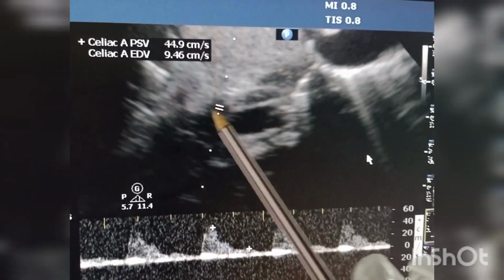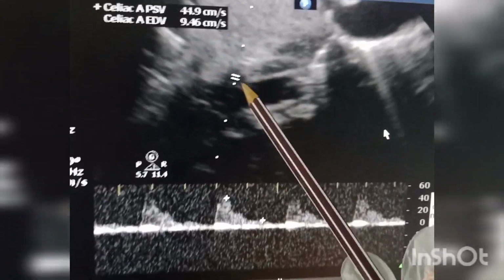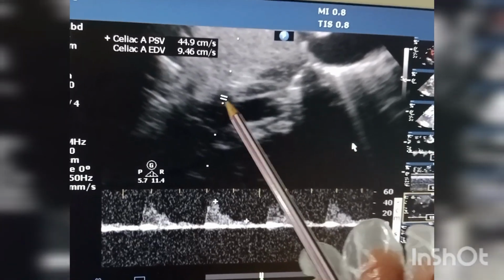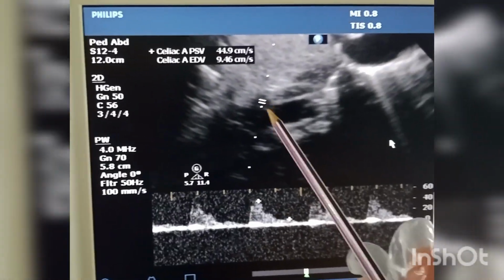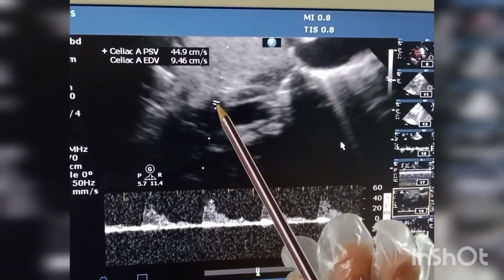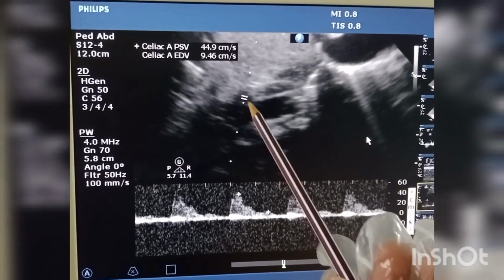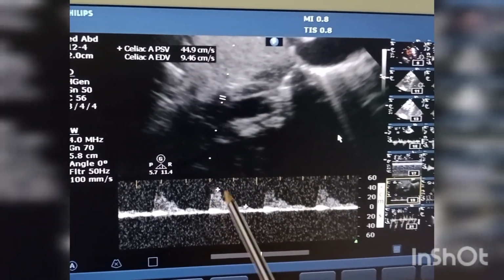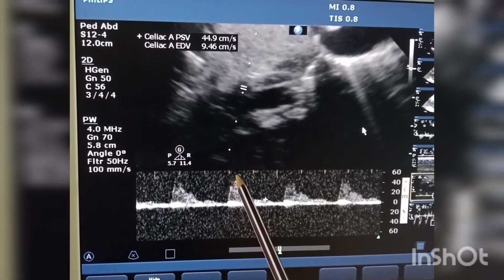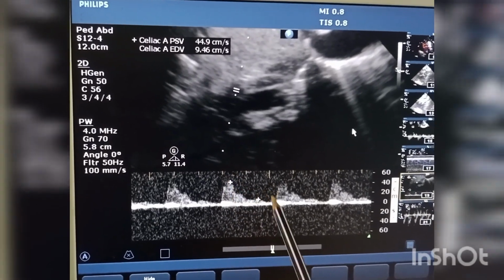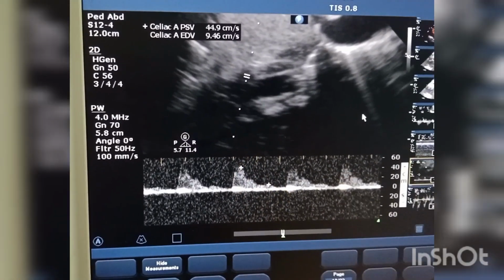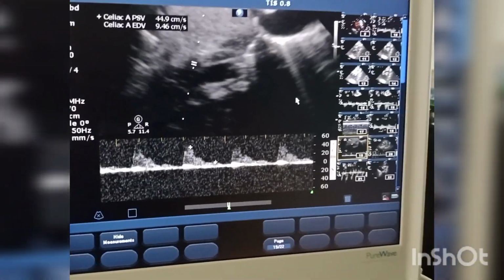You can see the celiac artery and superior mesenteric artery. And I have kept the pulse wave gate there at celiac artery level and cut it, and you can see the flow. So both systolic and diastolic flow is normal. Seeing both systolic and diastolic means it's good actually.